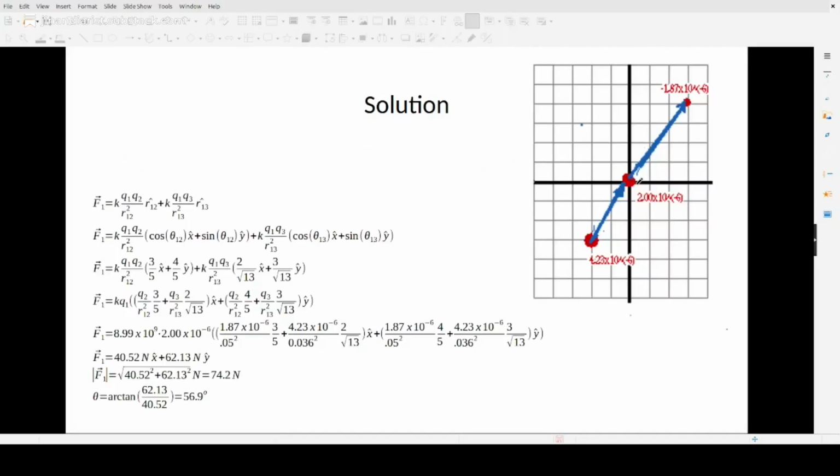Here's how we do it. First, let's look at the picture. We have the charge at the origin.